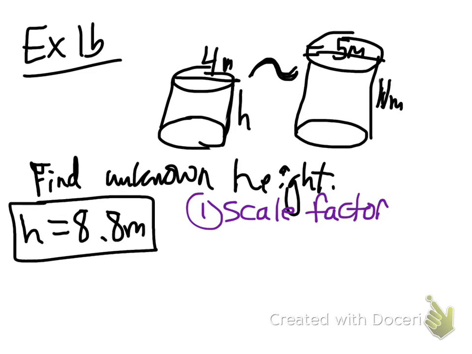But these two shapes are similar, so you're going to set up a scale factor between them. So look at the corresponding sides. We're given diameters of each, so let's go small to large. 4 to 5. It's as simple as it gets. Step 2, we're going to find the unknown, so we're going to set up a proportion.